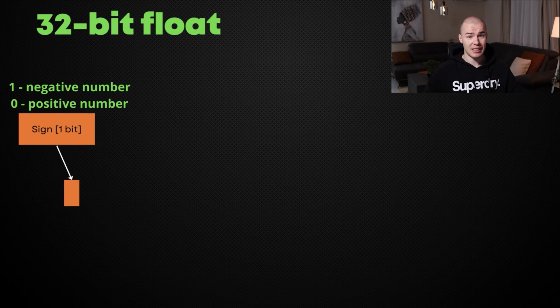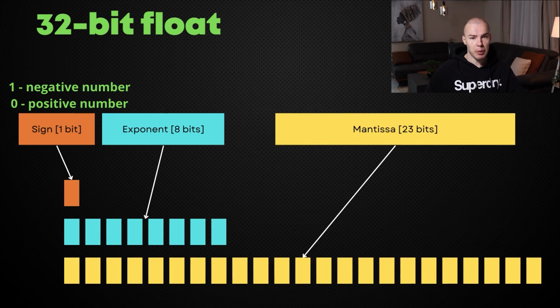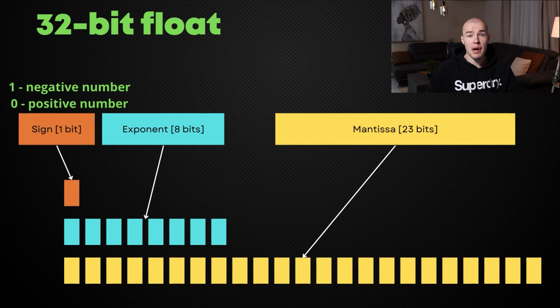The second part that makes our floating point numbers is called the exponent, and in the 32-bit version scenario, it takes up 8 bits. And finally, we have the third part, which is called the mantissa. And this part consists of 24 bits of memory.